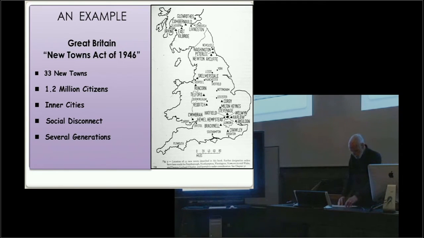These new towns were planned to house residents, primarily working-age men and women. Over 1.2 million residents from war-torn and designated substandard inner-city areas of London, Manchester, Birmingham, Leeds, and other metropolitan areas were required to leave the inner-city neighborhoods.